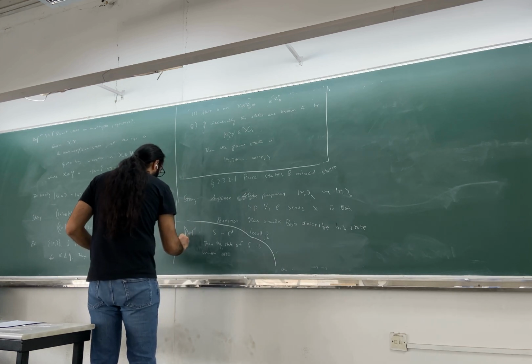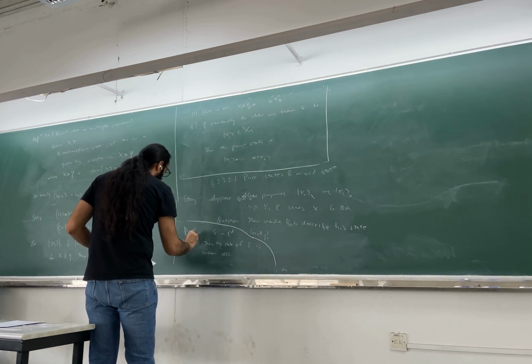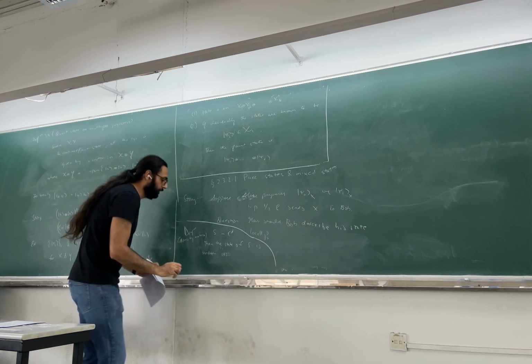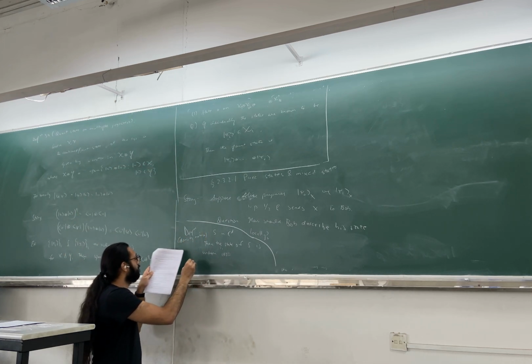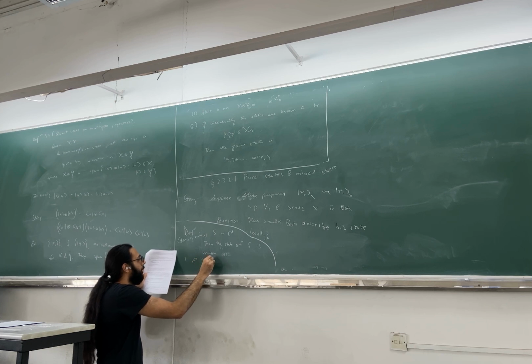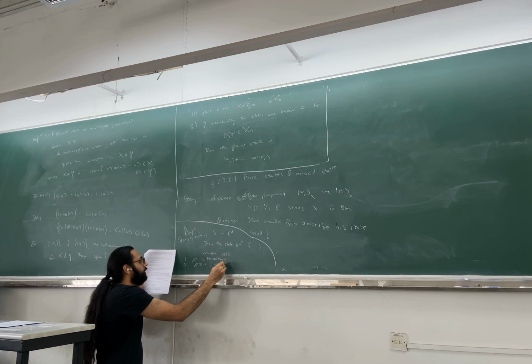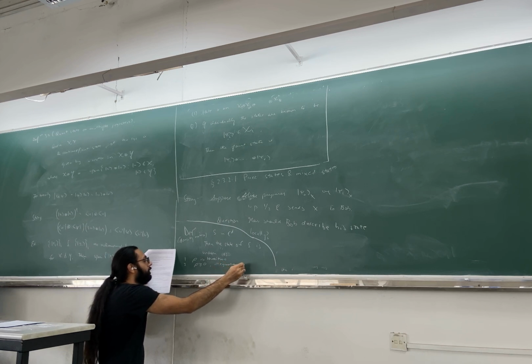So you write it as follows. You write that rho is Hermitian, rho is positive. So this means that all eigenvalues are positive. Positive meaning non-negative, sorry.